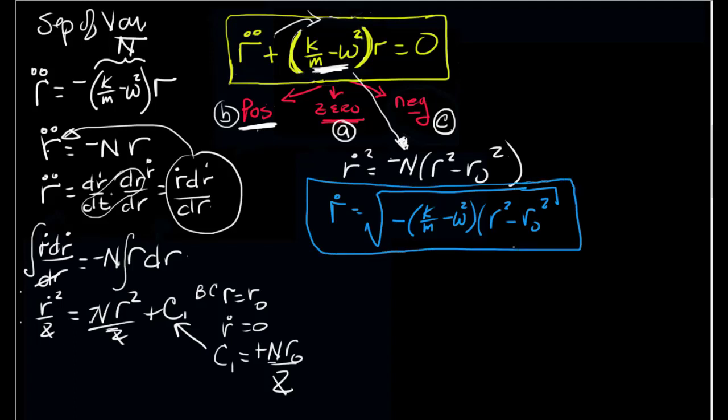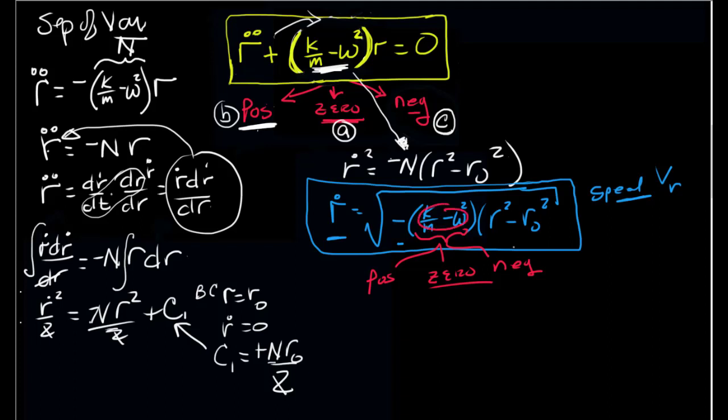That defines the speed V R along the track. I kept it in this form because I want this to still be the same parameter we started with, where it can be positive, it could be 0, or it could be negative.